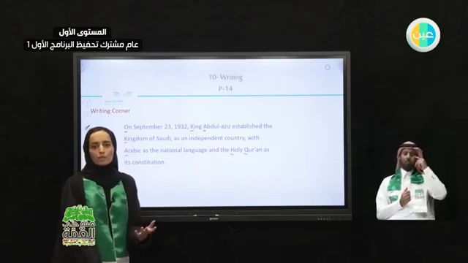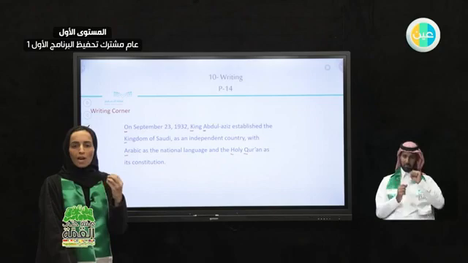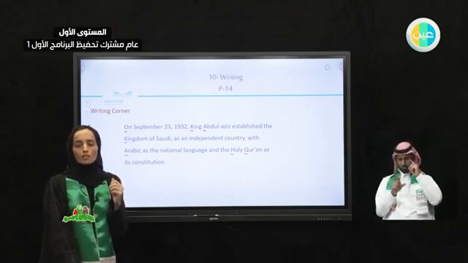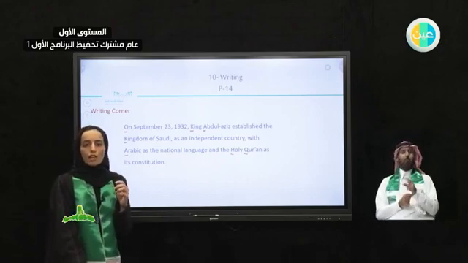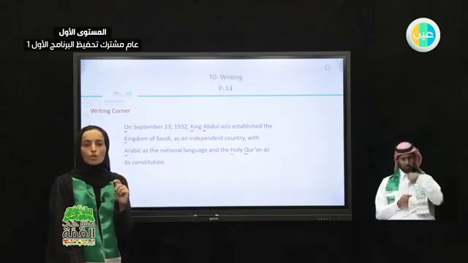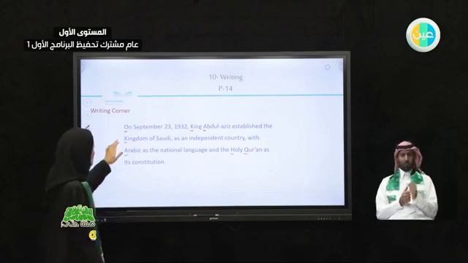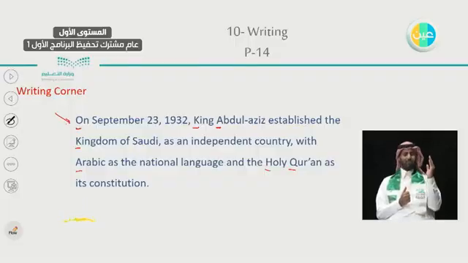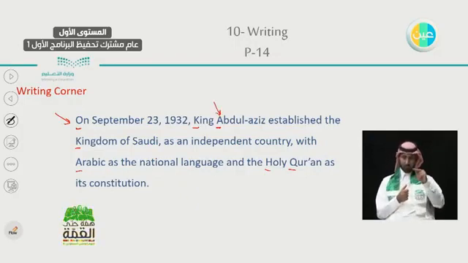What makes them different? Whenever you want to make a thing special, you want to highlight that thing, just write it in capital. Just like your name, you are an important person. Never start your name with a small letter. Always start your name with a capital letter. So, the first letter in a sentence is always in capital. A name, King Abdulaziz, always in capital.